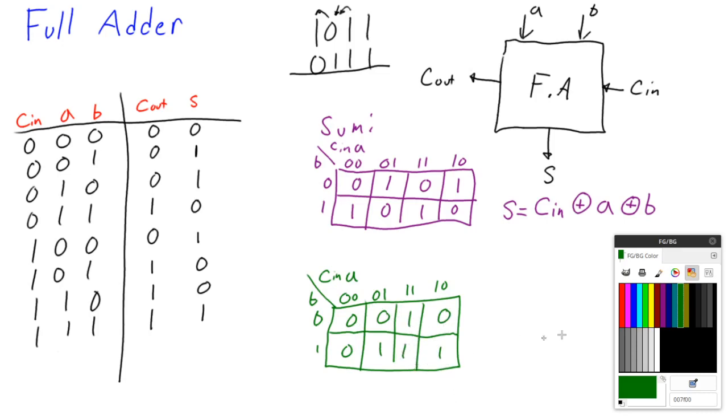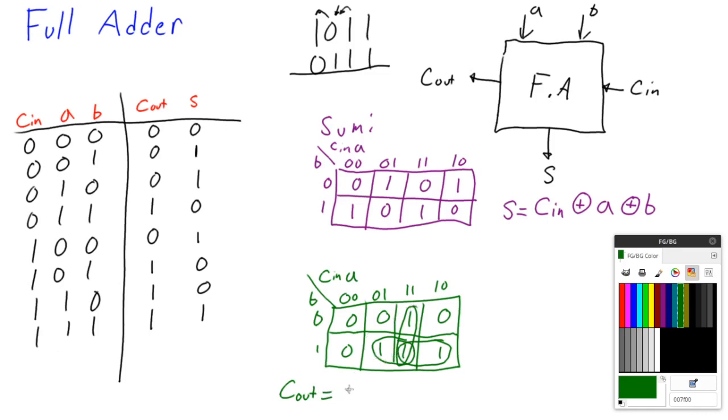Alright, so for our implicants here, we don't have much to work with. We just have this one, and that one. So what do we end up with? We end up with C out equals, and let's do this column here.